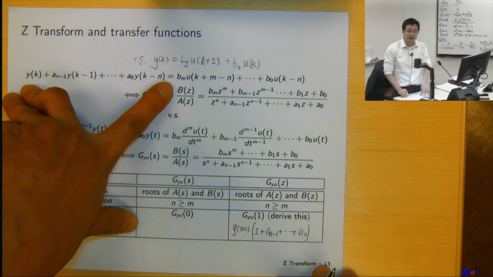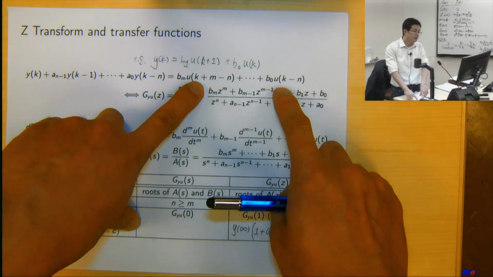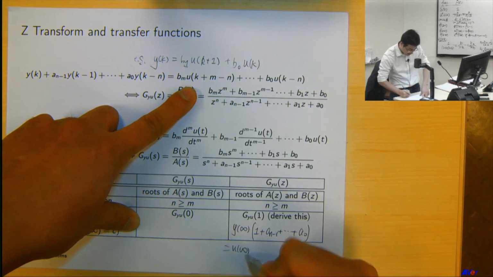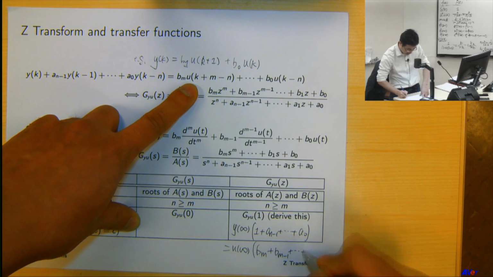On the right-hand side, it's the same logic. Time is large enough and it's a constant, so you can take u infinity times bm, up to b1 and b0.